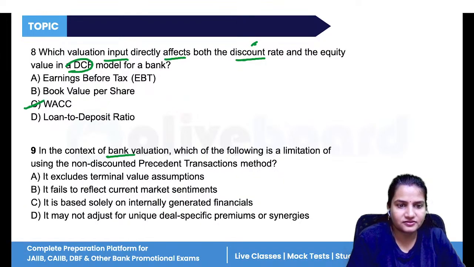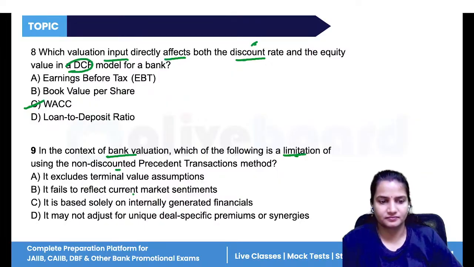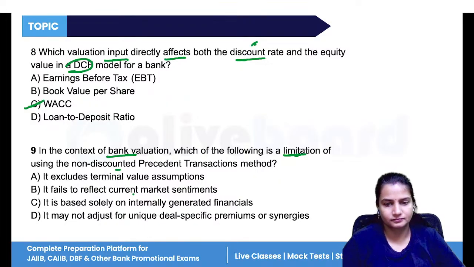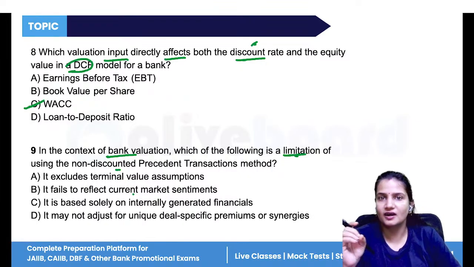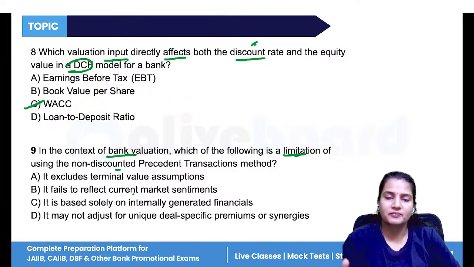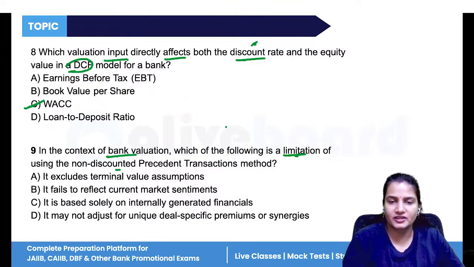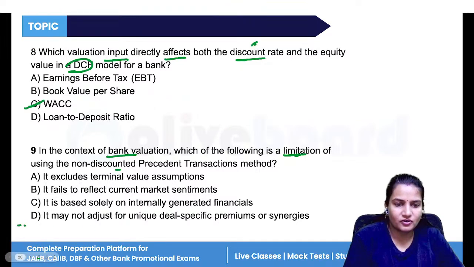Now, in the context of bank valuation, what is the limitation of non-discounted methods? Why has the company not used non-discounted? Because non-discounting does not consider the actual value. Why? Because they ignore inflation, they ignore synergies. So it may not adjust for unique deal-specific premiums or synergies.